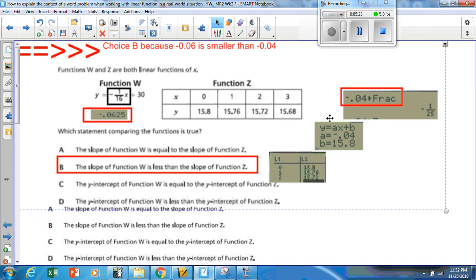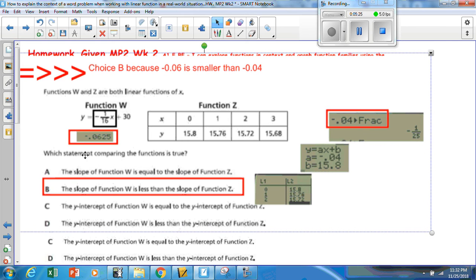That being said, the best answer is B. The best answer is B. The slope of function W is less than the function Z.